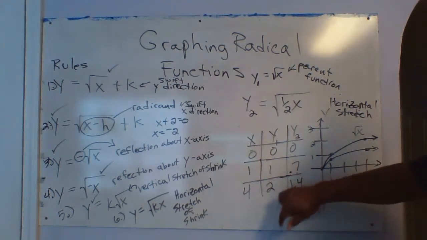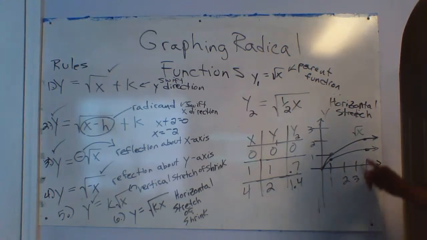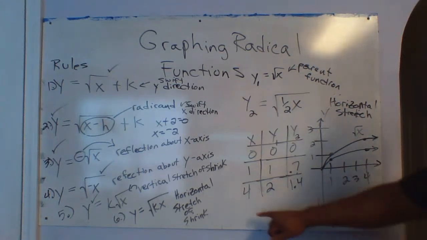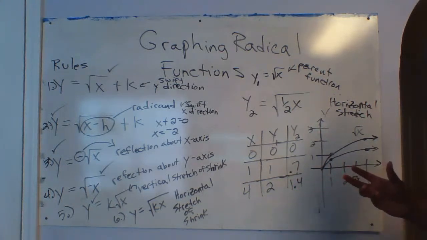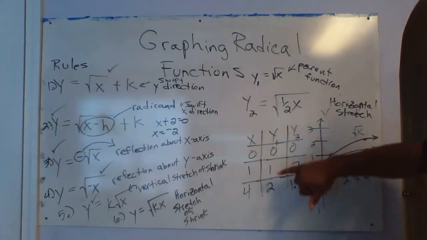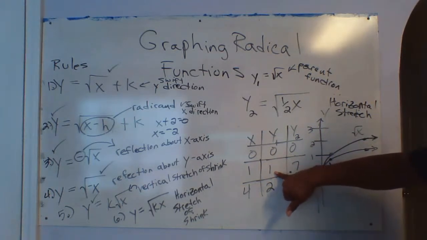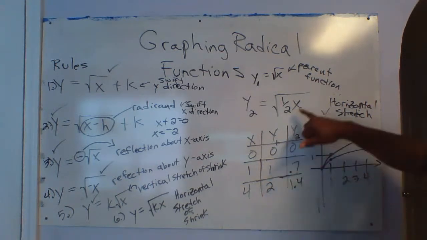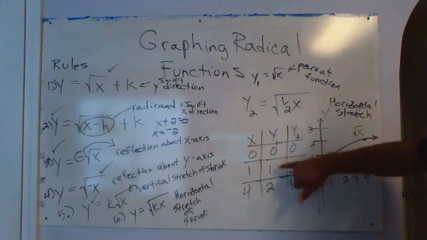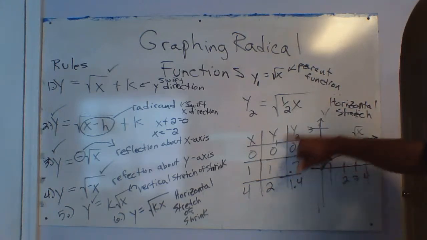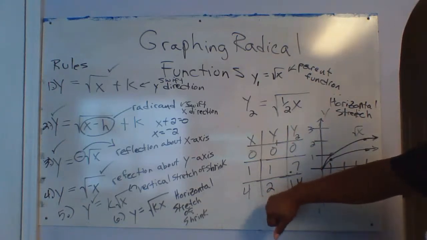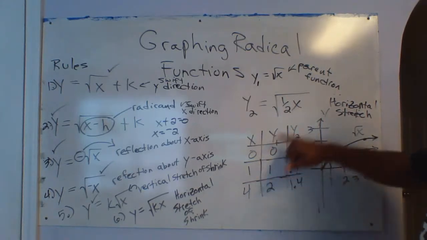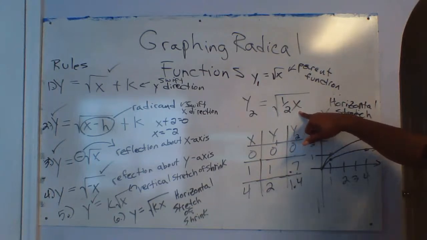Because if you notice, when I plugged in 4, I'm down lower. Then from going to 1, I'm down lower. So in order for me to make this work, to get the same value for here, my x has to be bigger. So in order for me to get 1 here, I need this to be 2. So in order for me to get 4, I need to make this 8.